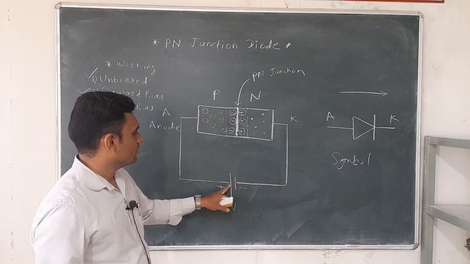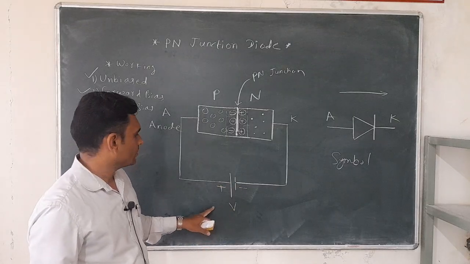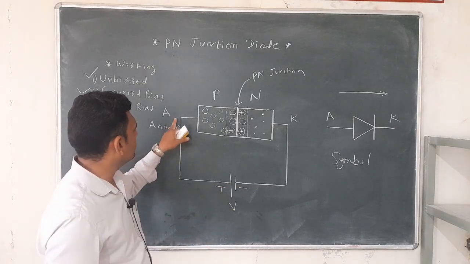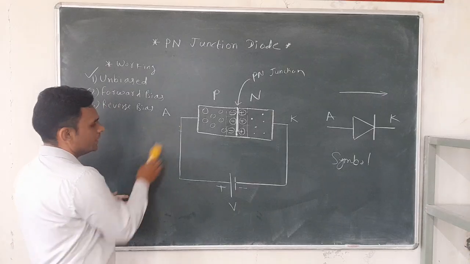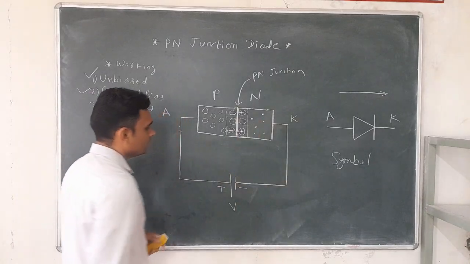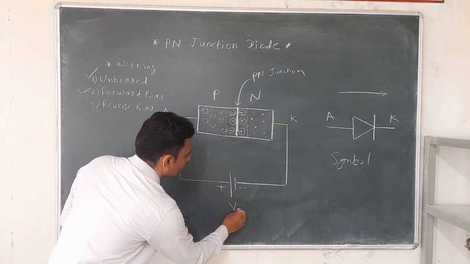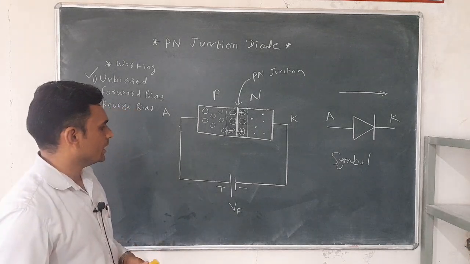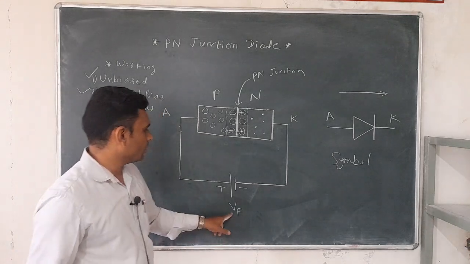Here voltage source is used whose positive is connected to anode and negative is connected to the cathode. So we can call this voltage as Vf, that is forward voltage.